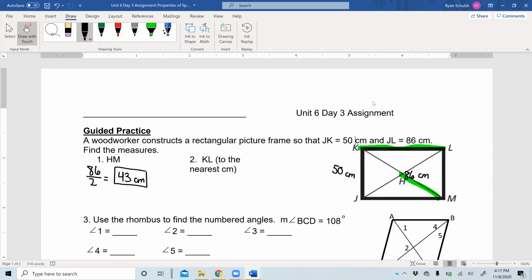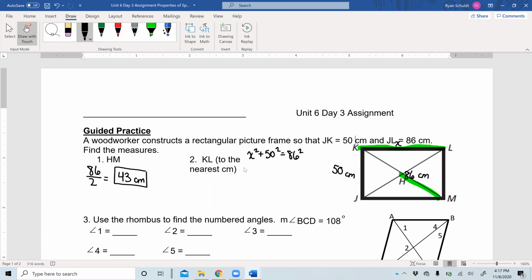I'm going to have to use the Pythagorean theorem. So JL is my hypotenuse. I'm going to call this one X. So we're going to have to say X squared plus 50 squared equals 86 squared.